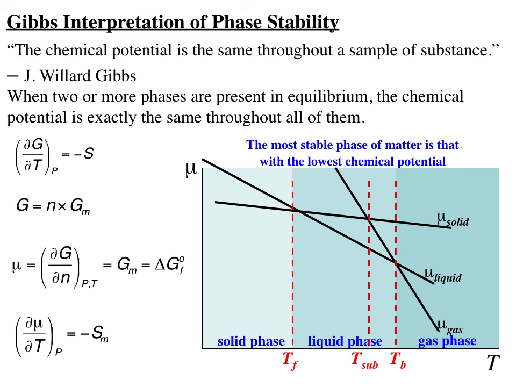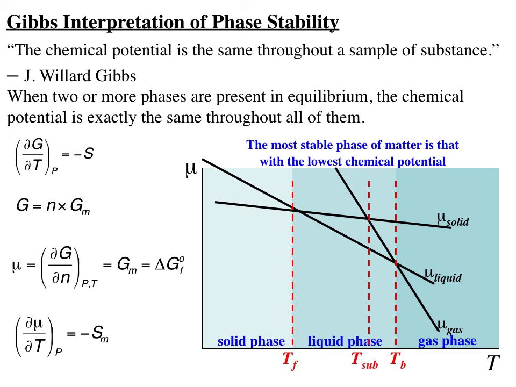So if we were to look at plots of the Gibbs function with temperature, remember that what we saw a little while back was that dG/dT at fixed P is equal to minus S. So since we can relate, if this is a pure substance now, G being equal to N times Gm, I can figure out that the change in chemical potential with respect to temperature at fixed pressure must be equal to minus the molar entropy.